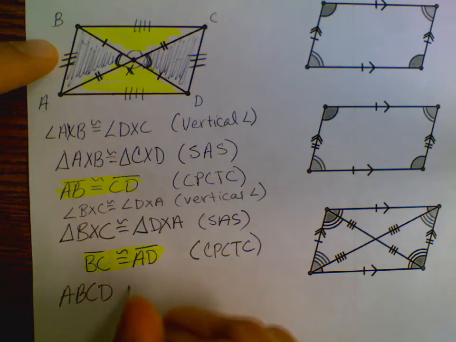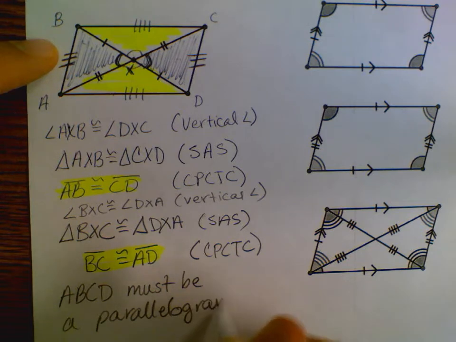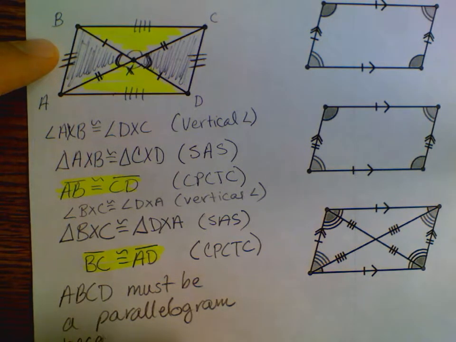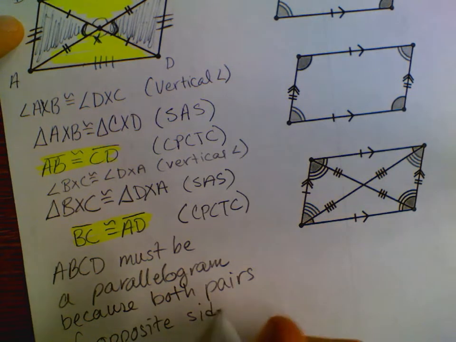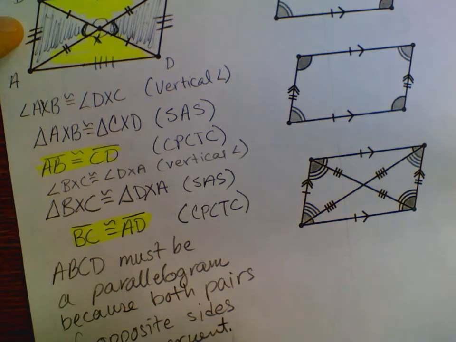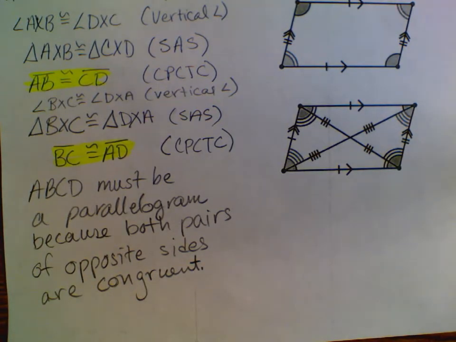ABCD must be a parallelogram because both pairs of opposite sides are congruent. And I think that's a safe place to stop, guys. All right, cool. So I am going to give you a worksheet before you leave, okay?